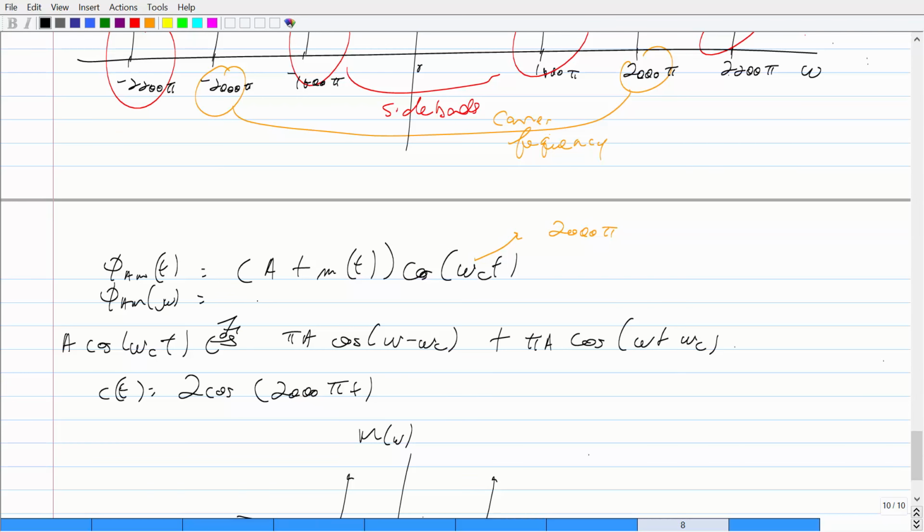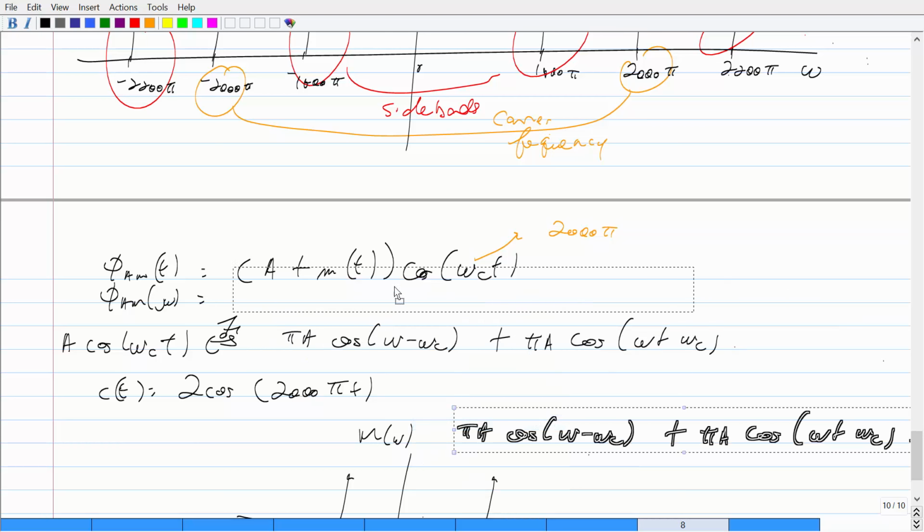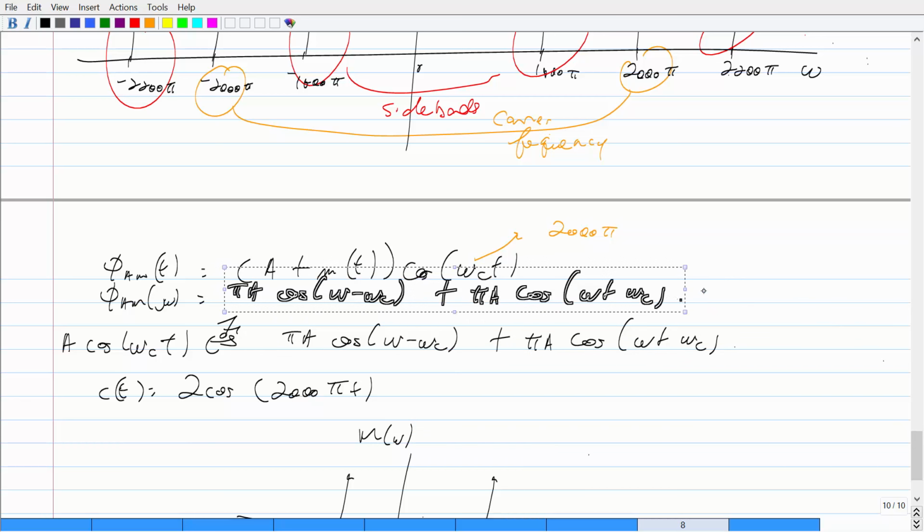But if you remember what the spectrum was, it was A pi, so I'm just going to take this guy here and copy this over. Nice thing about tablets is you can copy actual pen strokes, which is great. And then this becomes plus, and remember we have m of t cos, so this is actually modulating, so this is a double sideband suppressed carrier spectrum.